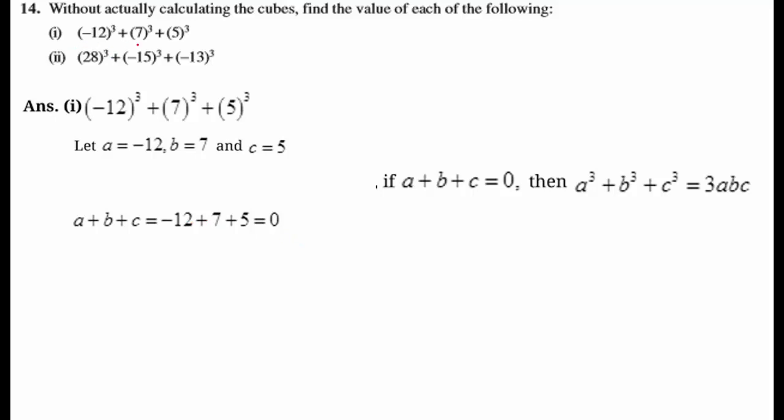So the whole term equals 3abc, that is 3 into minus 12 into 7 into 5, and on multiplying, this will be minus 1260.